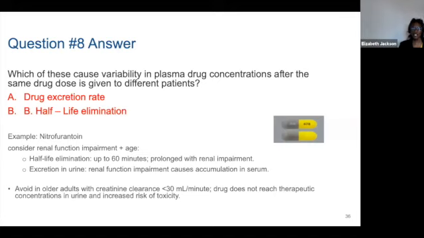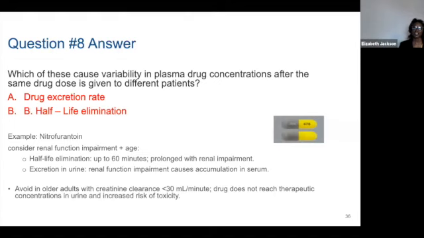But if the patient is a geriatric patient or an older patient, the half-life is prolonged. So it's going to be much greater than 60 minutes. And the drug is excreted in the urine. So again, renal function impaired, this will cause accumulation in the serum.